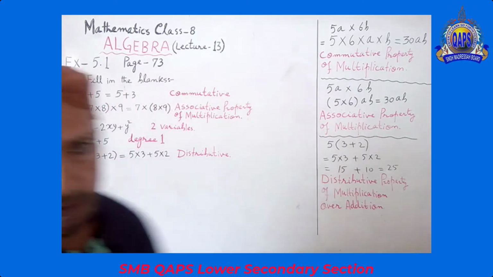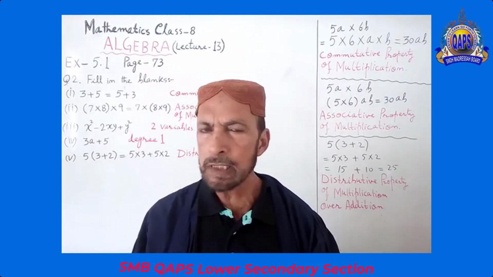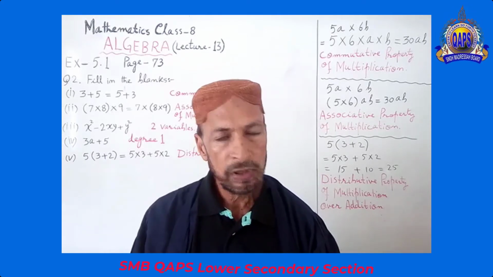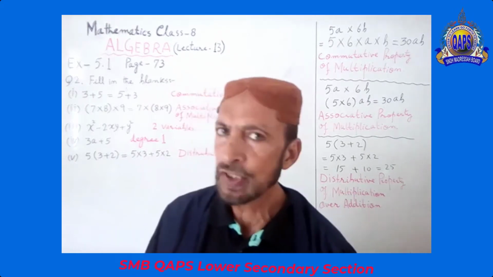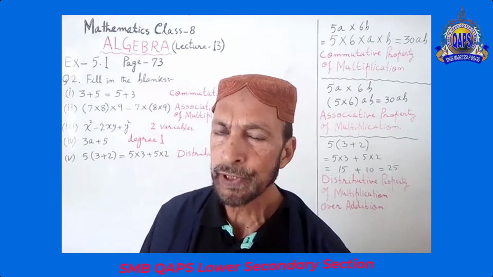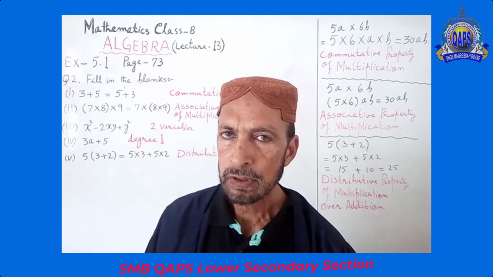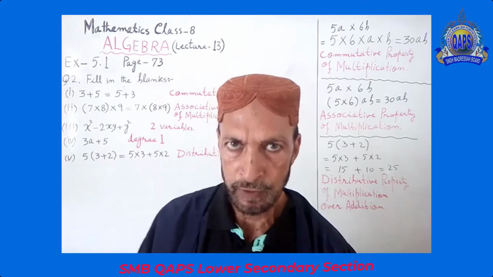You understand what I am saying? It doesn't matter if we change the order, the result will be same. So, answer will be commutative. Write it down and start writing in your copy.